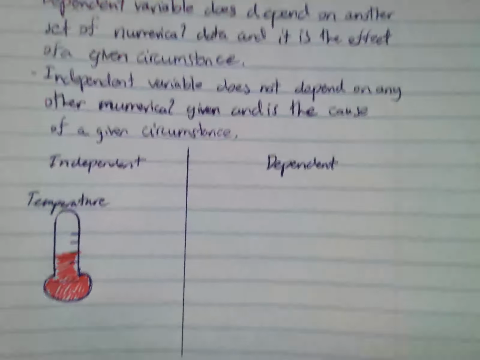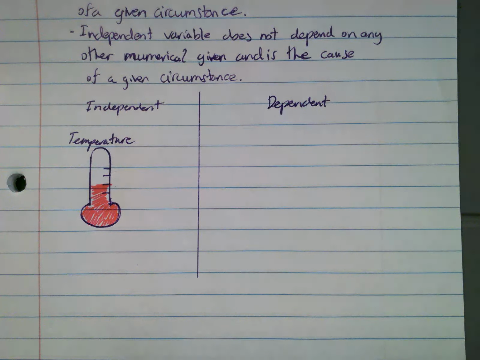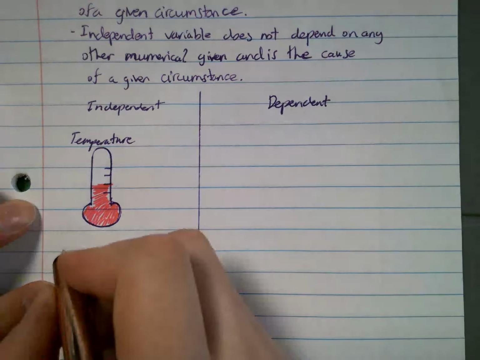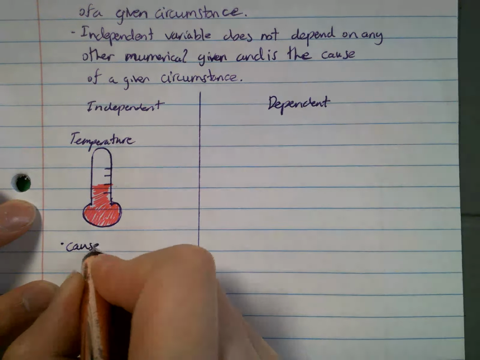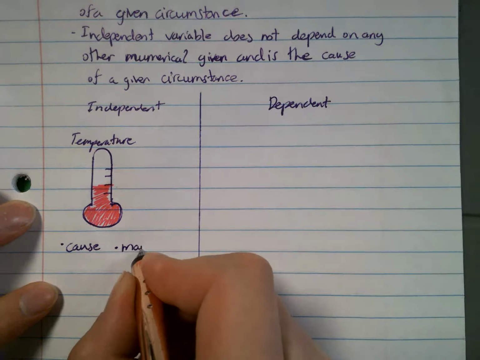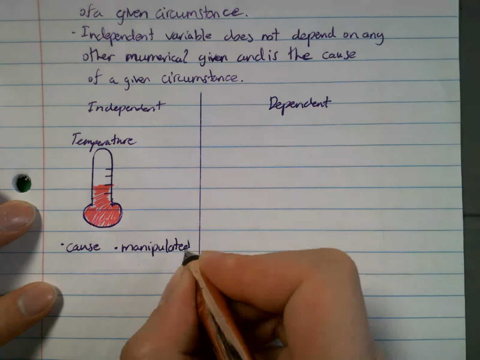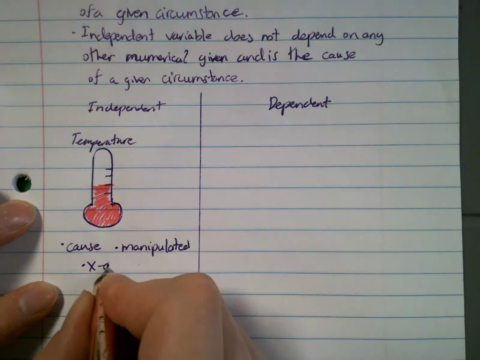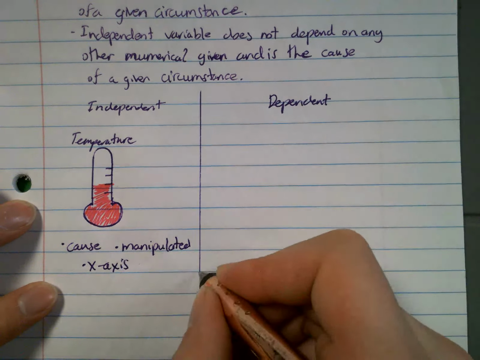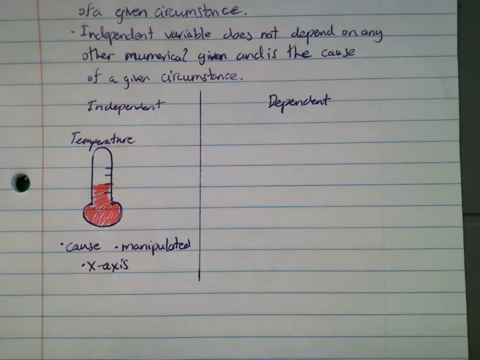So we've got a temperature, and therefore it's the cause. It can be manipulated, and it's the x-axis. Okay?